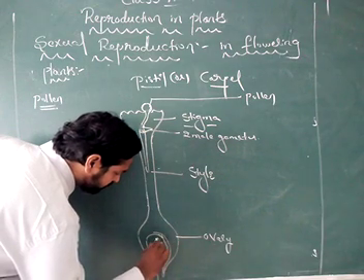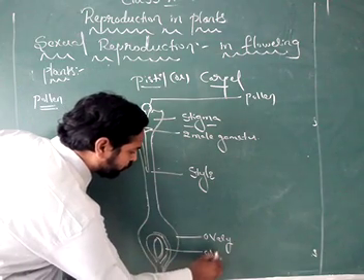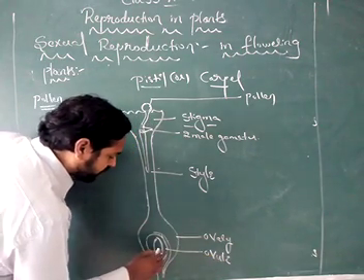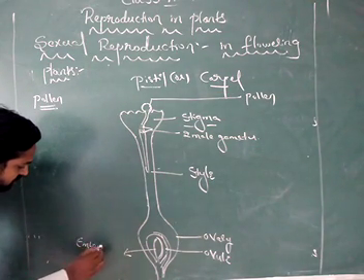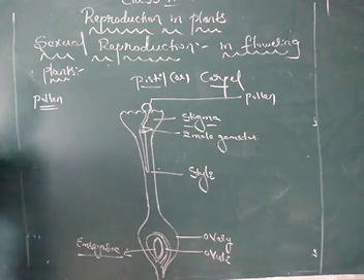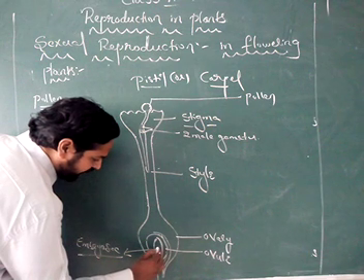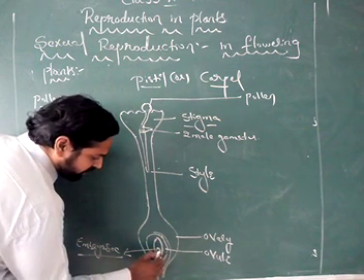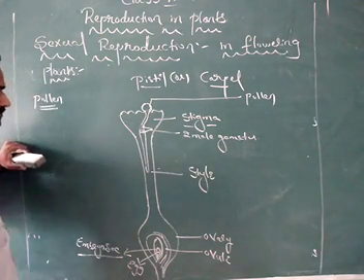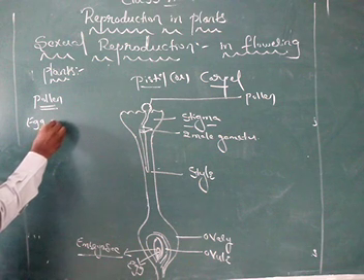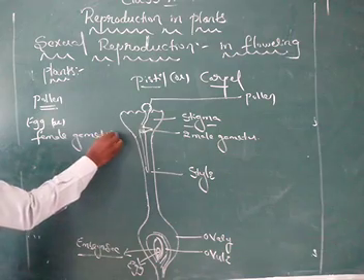Inside the ovule, there is the embryo sac. The embryo sac carries the egg or the female gametophyte.